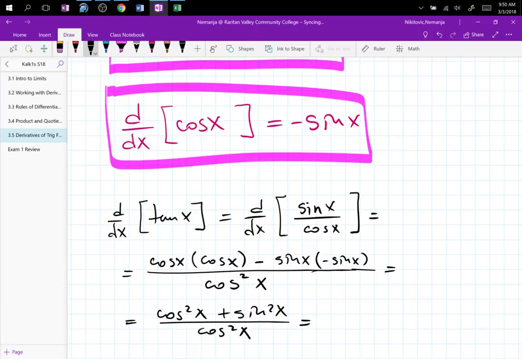So now what? Yes. So 1 over cosine squared x, which is, 1 over cosine is secant, so secant squared x.